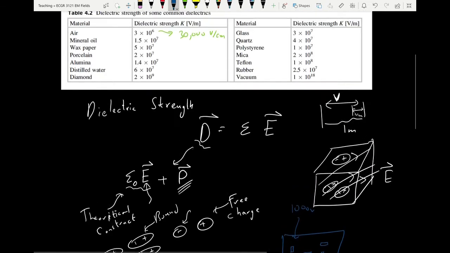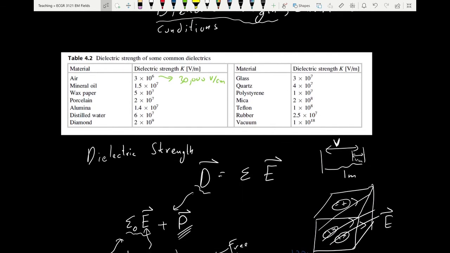So that's where the dielectric strength plays a big role. In vacuum, it doesn't matter. I can have as big of an electric field as I want, but in real life there's no pure vacuum unless you're in outer space, where you're very close to a vacuum. For real life applications, we have to be aware of the dielectric strength of different materials.